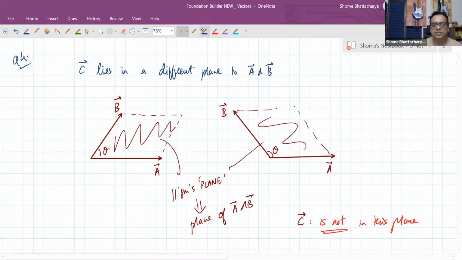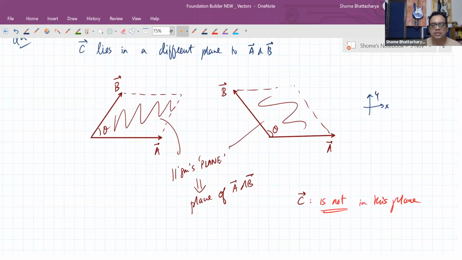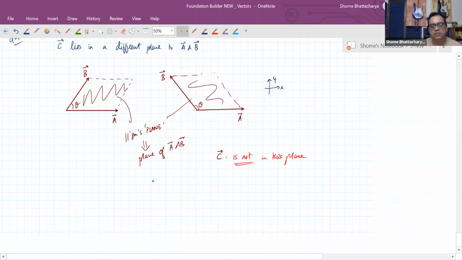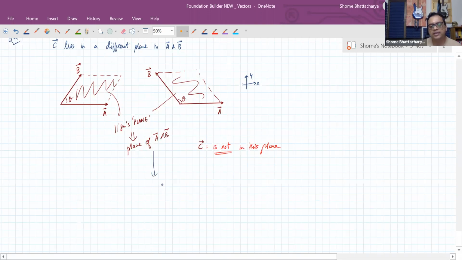So for example, suppose I take my XY coordinate frame such that the XY plane is the plane of A and B, the plane of the parallelogram formed by them.